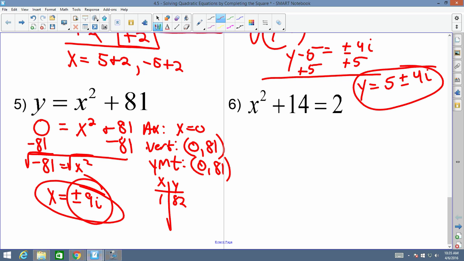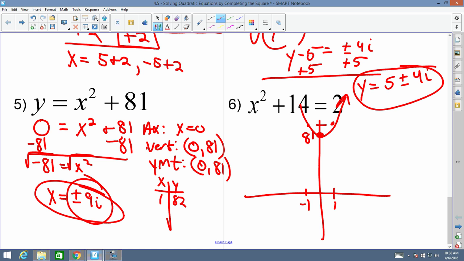Okay? So now I'm going to go ahead and graph this. My y-intercept is 81, and that is also my vertex. And 82 is over here, 1 to the right of the axis of symmetry, and 1 to the left of the axis of symmetry, and I go up like that.